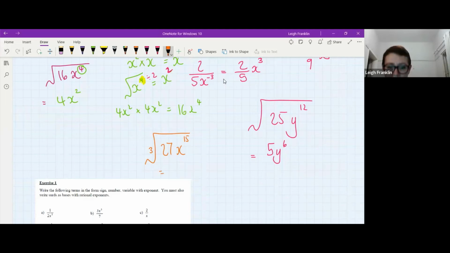By 3, exactly. So the cube root of 27 is 3. Careful, it does not mean 27 divided by 3. And now if I take my 15 and divide it by 3, I'm going to end up with 5. Similarly, that is because 3x to the power of 5 times 3x to the power of 5 times 3x to the power of 5 is what's going to give me my 27x to the power of 15.